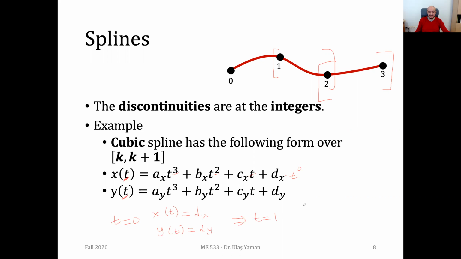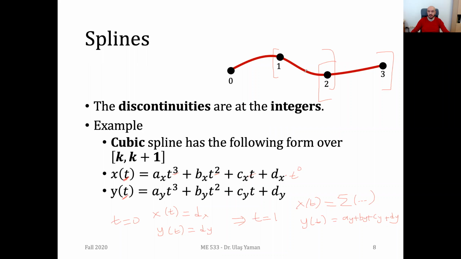In that case, our x of t will be equal to the summation of some numbers, okay? And again, y of t will be the same. T is 1, so it will be equal to ay plus by plus cy plus dy. So this is how we are going to compute all these points.